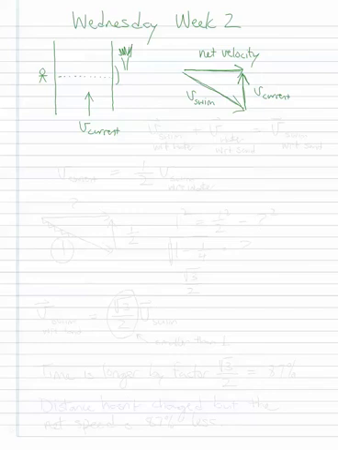So this is an addition of velocities problem, and so formally we would say the swimmer with respect to the water plus the water with respect to the sand, or the land, or the beach, whatever, equals the velocity of the swimmer with respect to the sand.